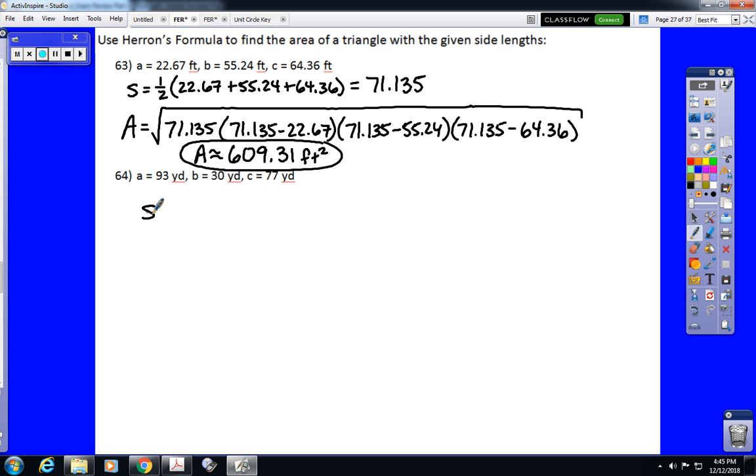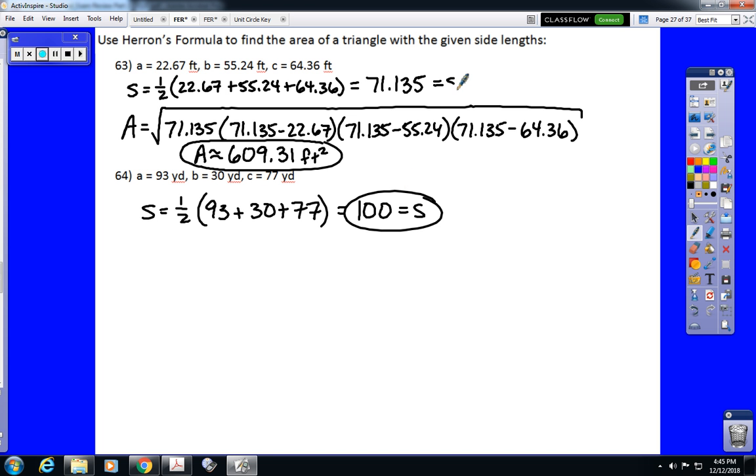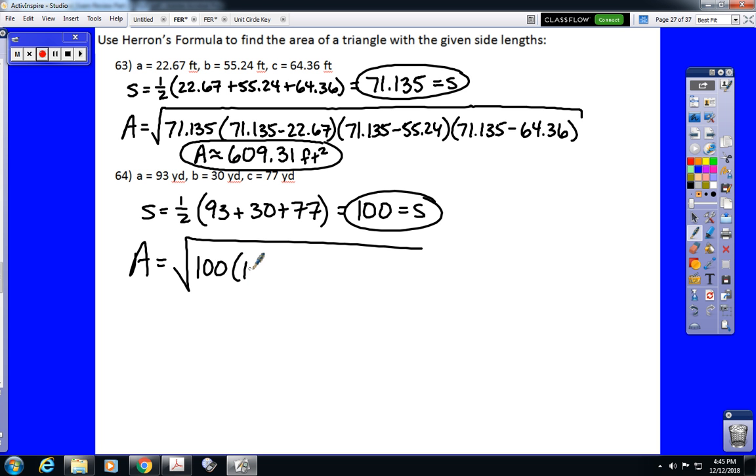Final problem. Semiperimeter is half the sum of the sides, 93 plus 30 plus 77. So 93 plus 30 plus 77 divided by 2 is 100, so that's your semiperimeter. Then we're going to use that to find the area. We take the square root of 100 times 100 minus 93 times 100 minus 30 times 100 minus 77.